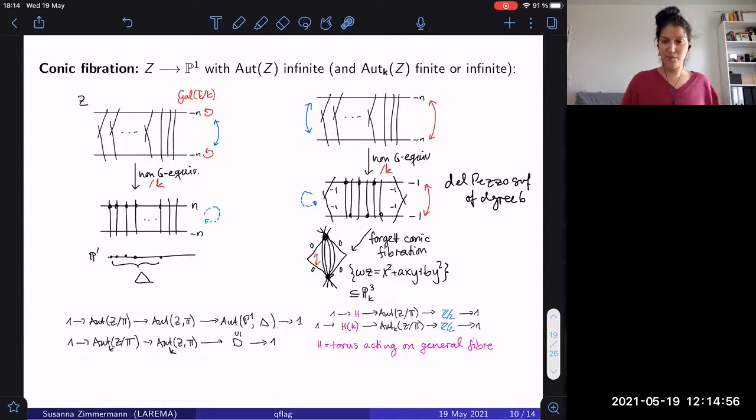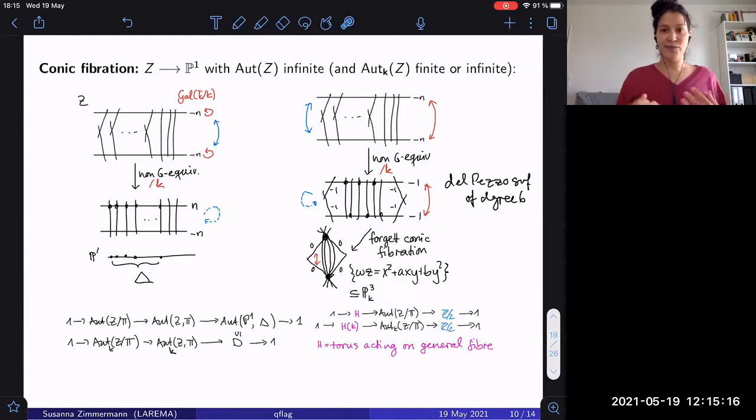So the same way as in the other fibration, you can compute the automorphism group of this fibration, depending on the quadric surface this time.